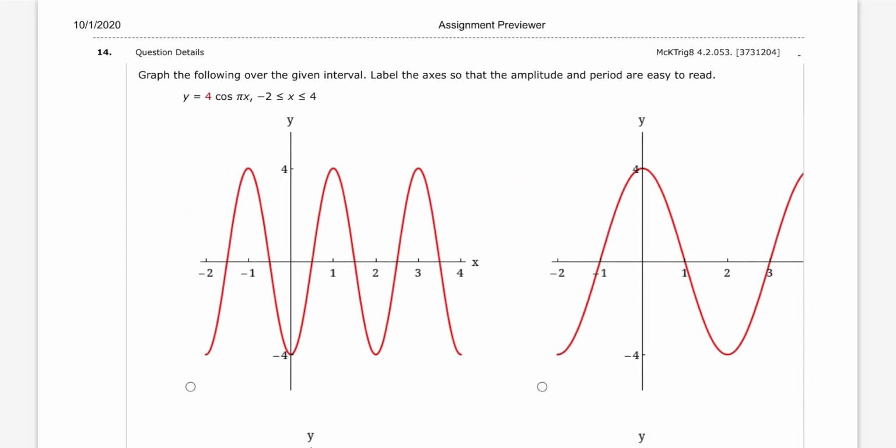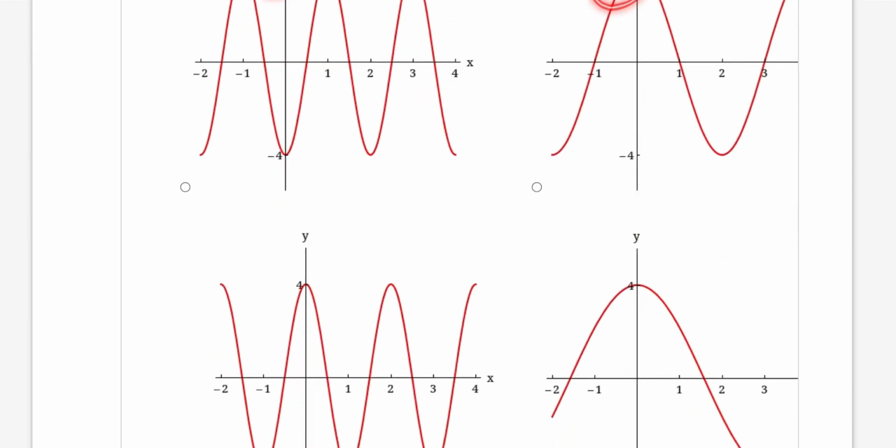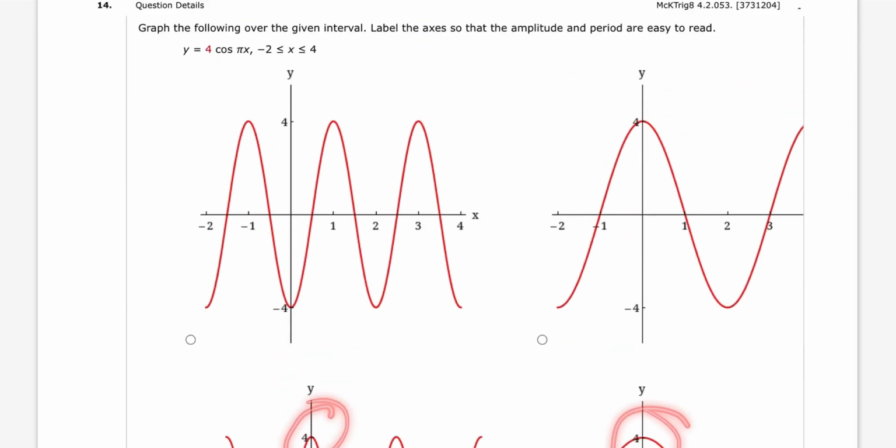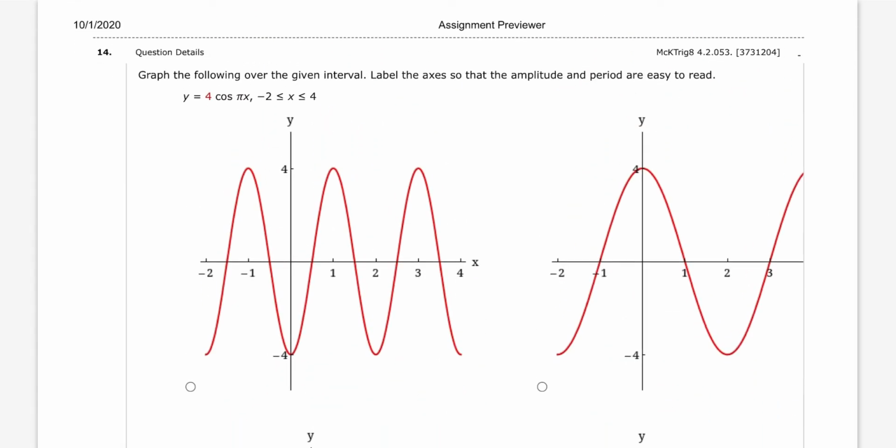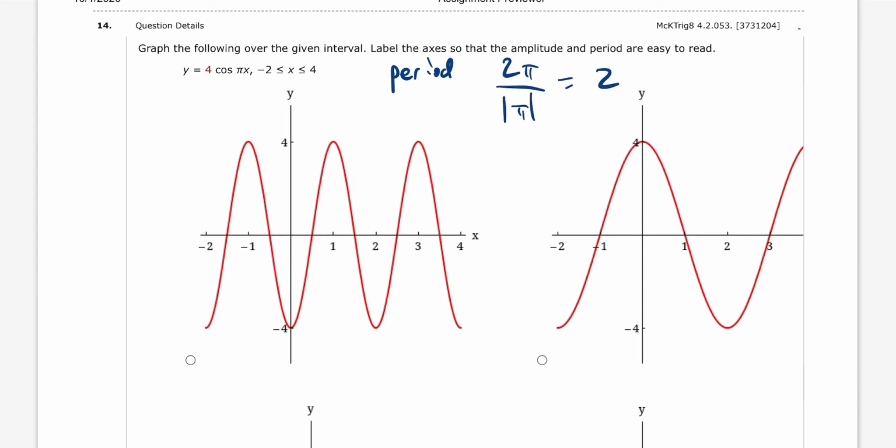All right. So this one has an amplitude of 4, so that's good. 4, 4, 4, 4. So we can't eliminate any of the choices based on the amplitude. So now we have to find the period. The period would be 2 pi over absolute value of pi, which is 2. So let's see here. This one looks like it would go from here to here.